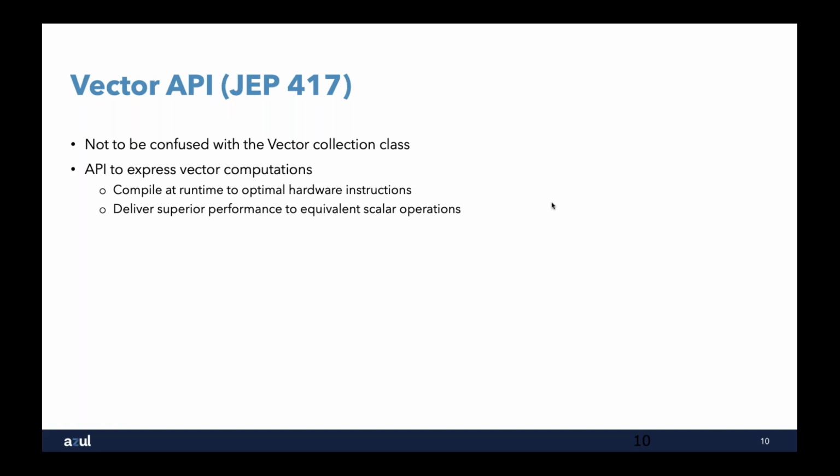The idea is that if you look at a modern processor, and even, well, not that modern a processor, there's the concept of vector operations, or single instruction, multiple data. If we look at Intel, you've got AVX instructions. These provide a very wide register, 128, 256, even 512 bits wide. The idea is that you take a sequence of values that you want to process, let's say 32-bit ints, and then you can pack those into that wide register, giving you 4, 8, even 16 integers in one register.